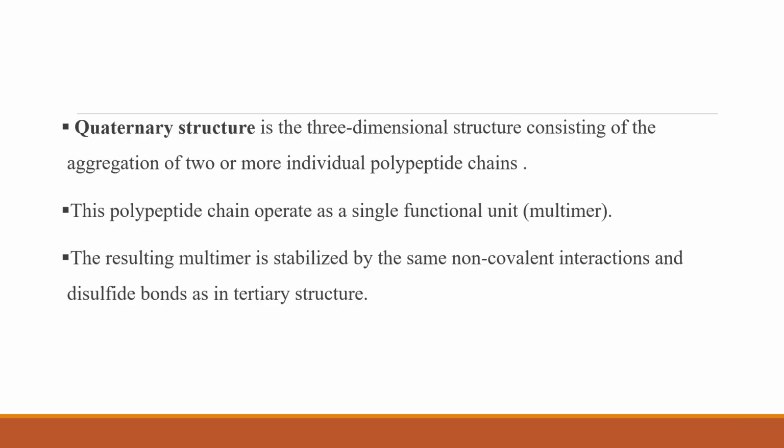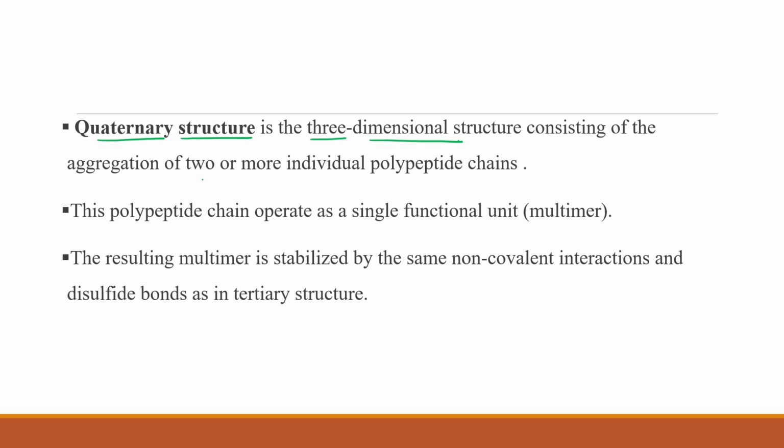Hydrophobic interaction, right? And after tertiary structure, the final type of structure is known as quaternary structure. This is again a three-dimensional structure, and it consists of aggregation of two or more individual polypeptide chains.